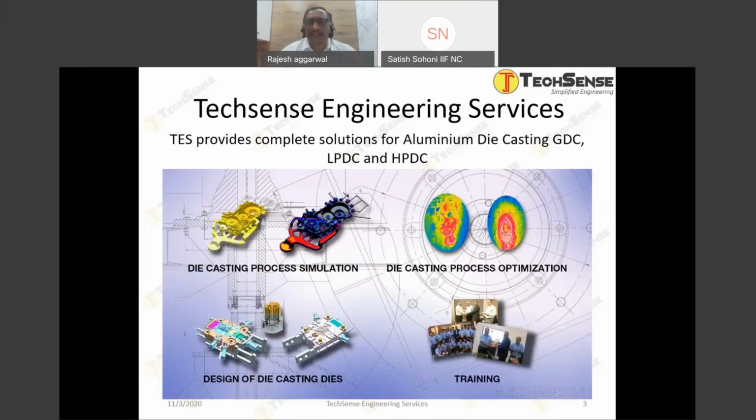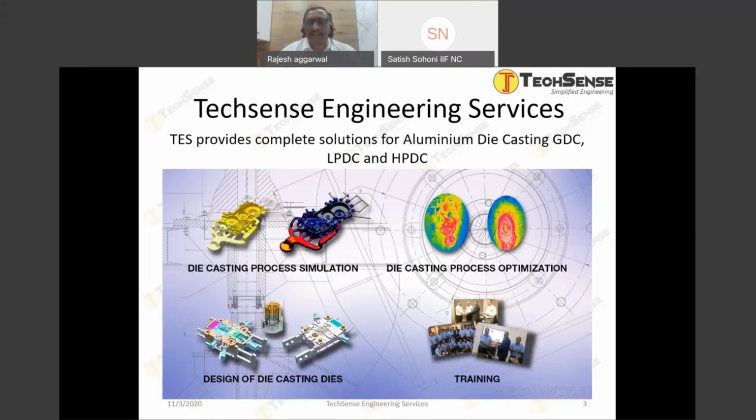Texans Engineering Services came into existence in 2017, and we provide complete solutions to aluminum die casting, including gravity, low pressure, and high pressure die casting. We are basically working on three verticals. One is die casting process simulation. We provide simulation services for aluminum die casting, gravity, low pressure, high pressure on the Magma simulation software.